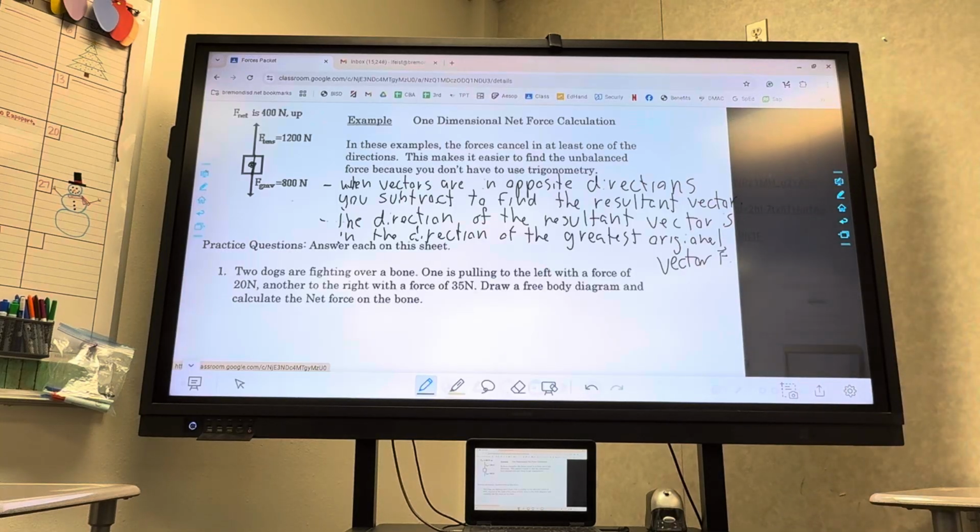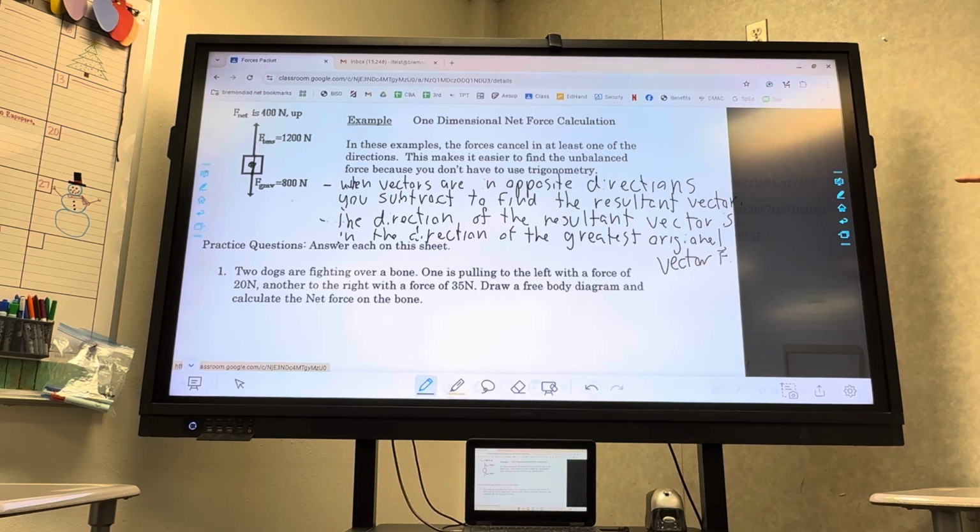So, since the greatest original vector force was the 1200, when we do our subtraction, 1200 minus 800, the 400 newtons is then in the direction of that original greatest vector, the 1200. So, top one. When vectors are in opposite directions, you subtract to find the resultant vector.